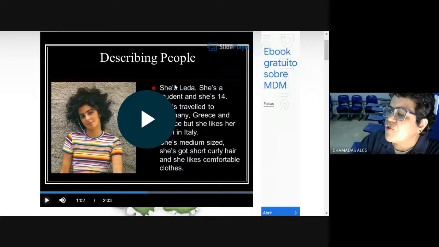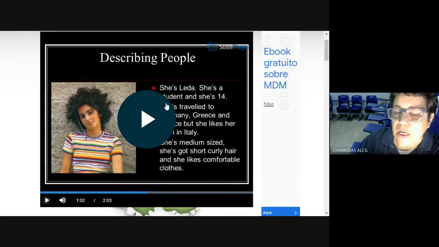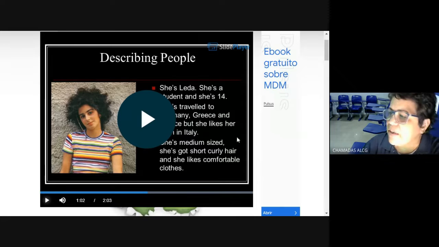So here they are showing, like, when you describe someone, you can say the name, say what the person does, you can say how old the person is, and then you can talk a little bit about the person. Like in this case, Leda, she's traveled to many countries like Germany, Greece, and France, but she likes her country or her town in Italy.